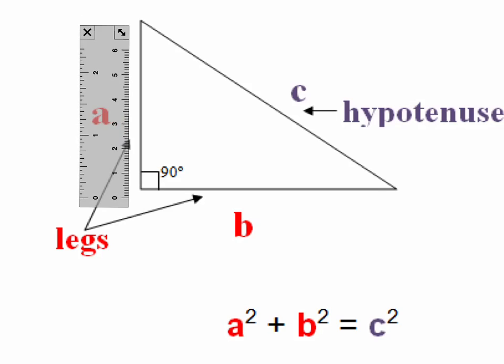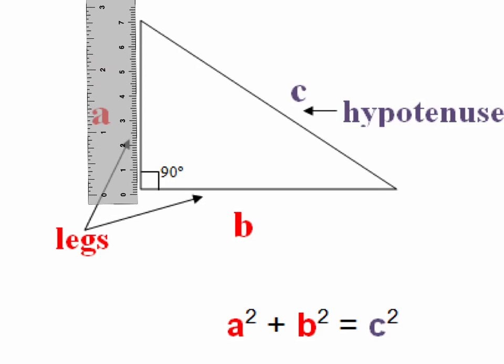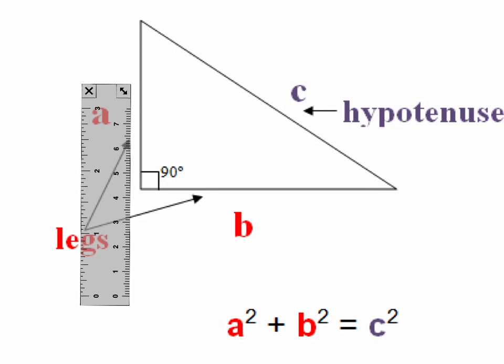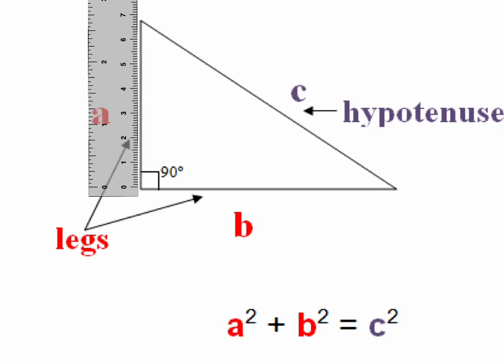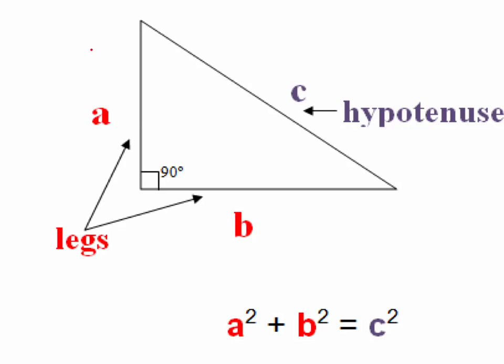And the other side is about a 7 centimeter side. So for simplicity, we're going to call this 7 centimeters, and this side, B, will be 10 centimeters.